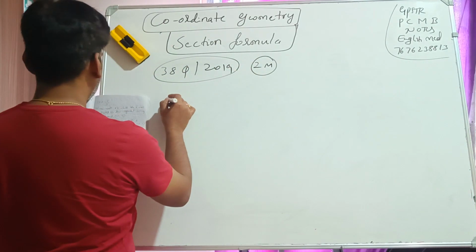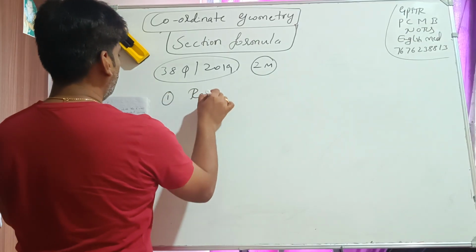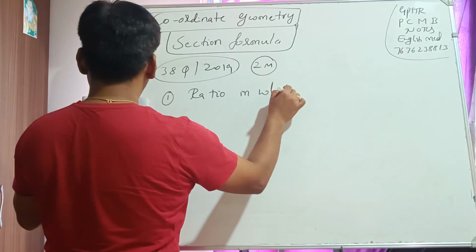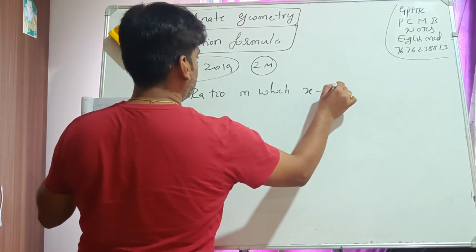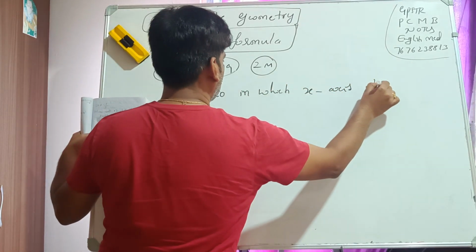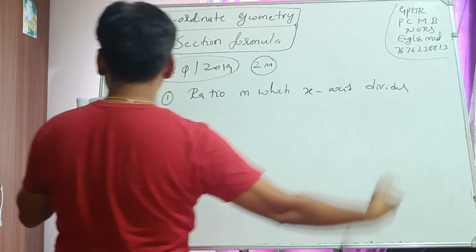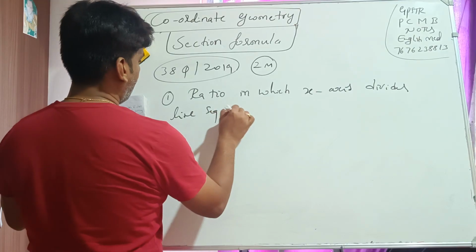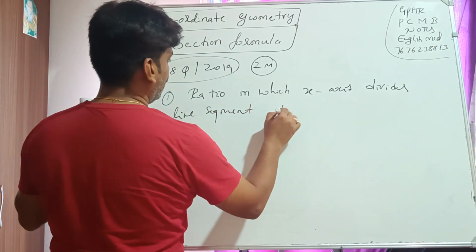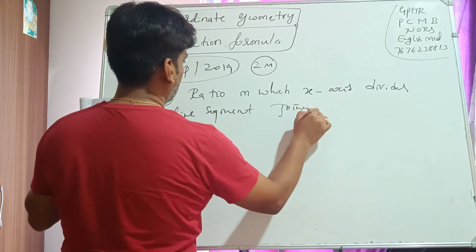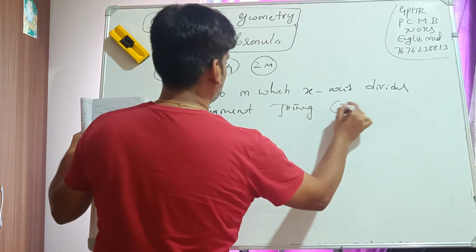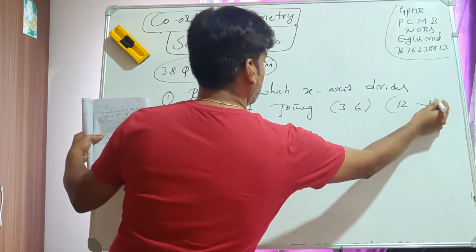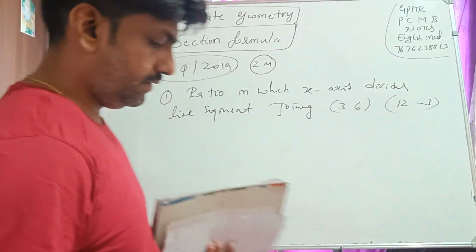We'll see the ratio in which the x-axis divides a line segment joining 3 comma 6 and 12 comma minus 3, right?